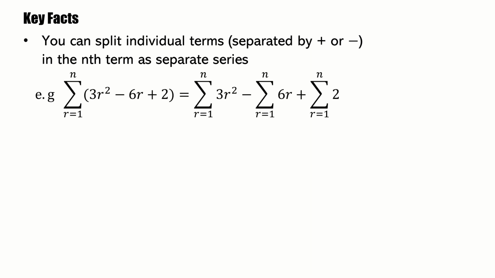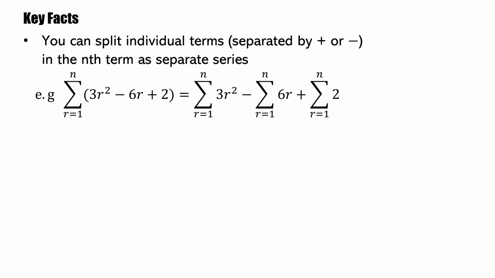So for instance, if we have the sum from r equals 1 to n of 3r squared minus 6r plus 2, you might be looking at it going, oh my goodness, that looks a bit hench. And what we can do instead is we can then split that up into 3 individual series. A series for 3r squared, take away the series for 6r, and plus the series for 2. Minus and plus decided by whether there was a minus or plus in the original nth term.